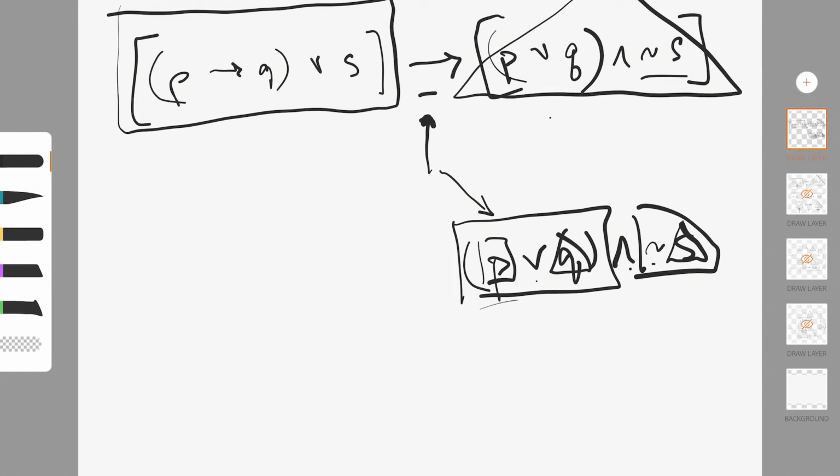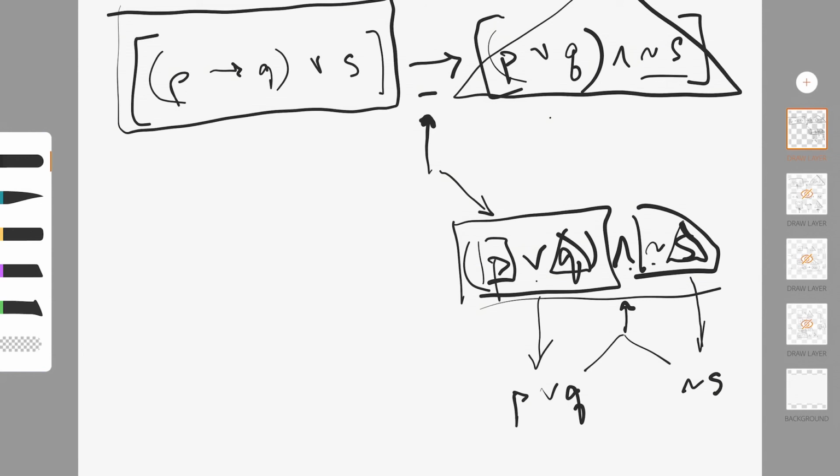So it turns out that in this expression, this and is the operator of largest scope. And this and joins together two different expressions. On one side, the expression is P or Q, and on the other side, the expression is not S. So notice what we've done is when we've branched down like this, we have dropped this triangle piece down here to this branch, and this square piece has dropped down to this branch.